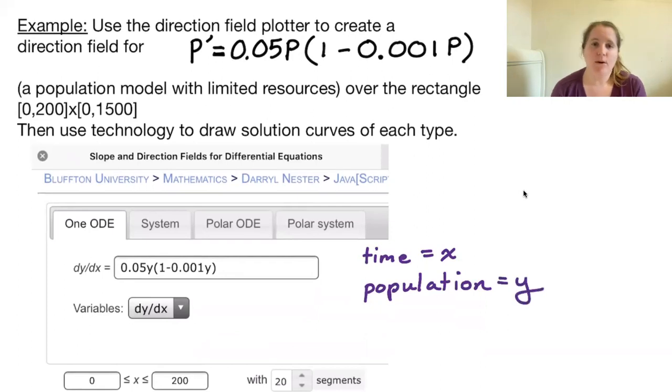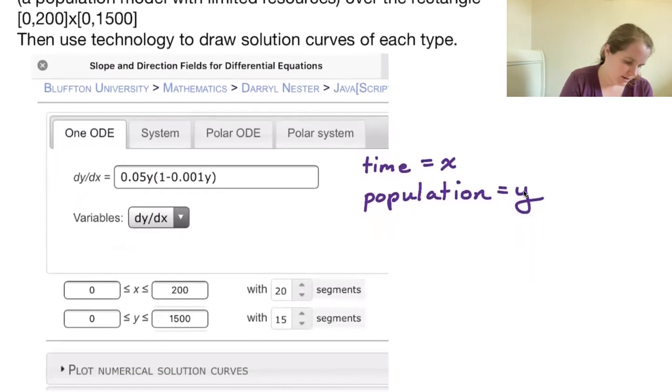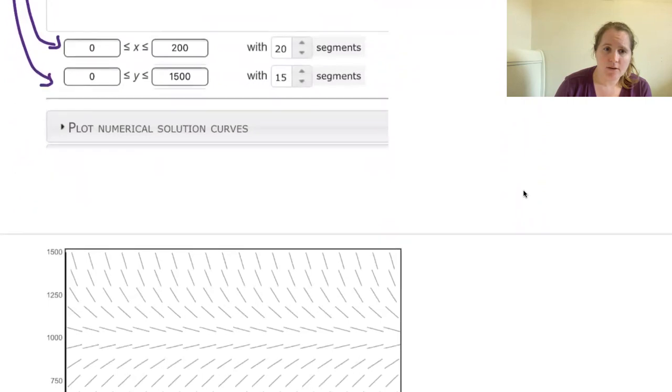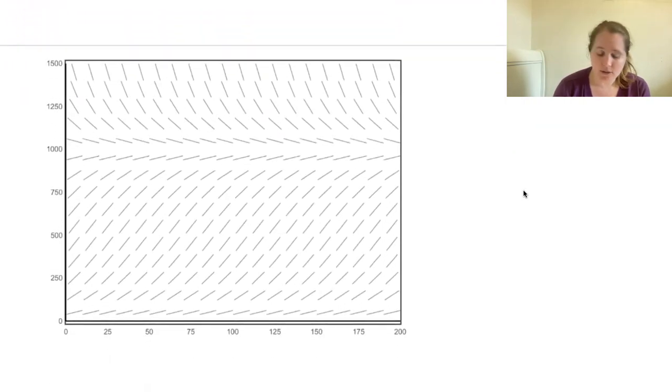So we just rewrote the equation in terms of y and x instead of p and t. So I put in the equation, and then this was my 0 to 200 for the x coordinates and 0 to 1500 for my y coordinates. And then if you just click out of those boxes, then the direction field's set.